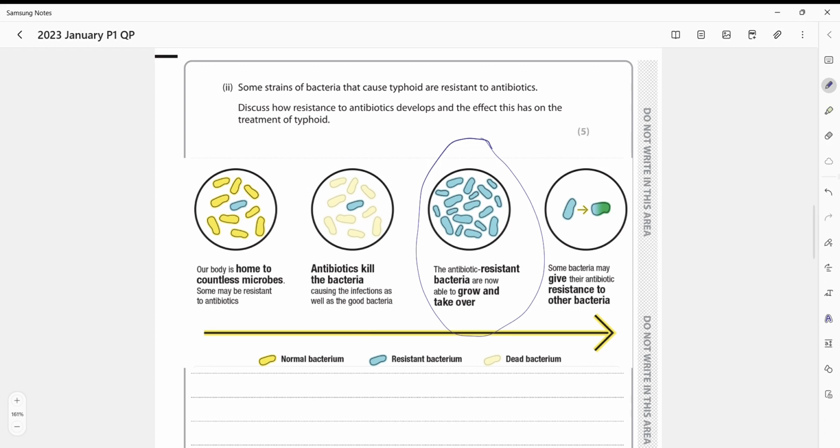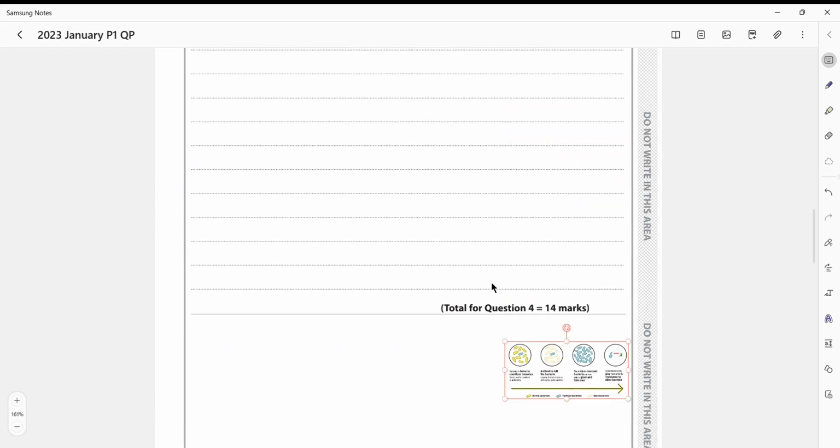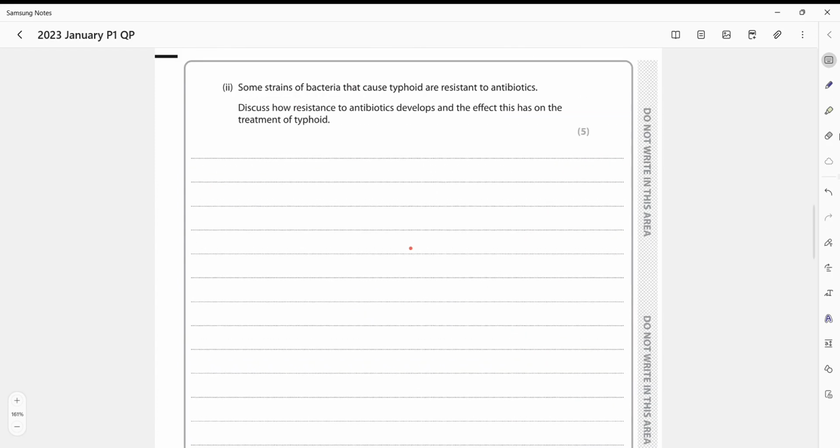Another thing about antibiotic resistance is that with bacteria, they can transfer their genetic material or share their antibiotic resistant genes through plasmids. We can see that there as well. So let me just make this one smaller again. Put this here.